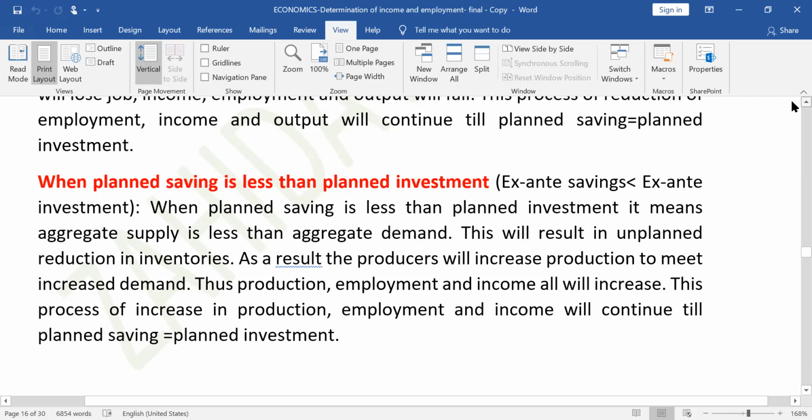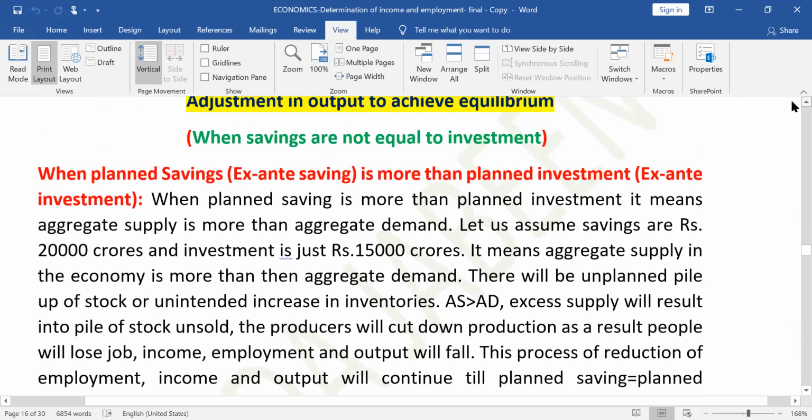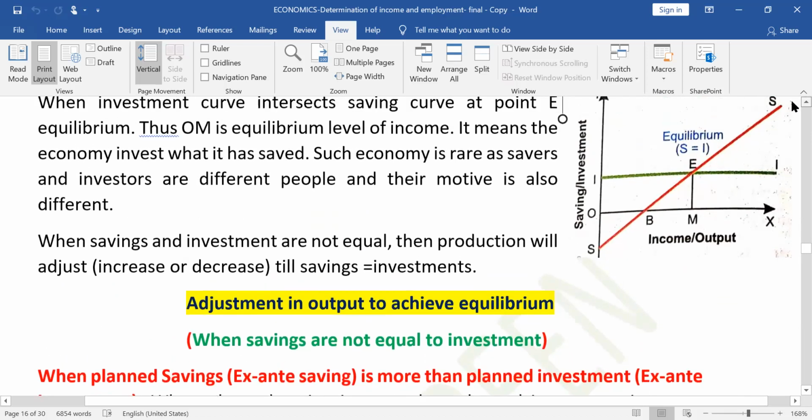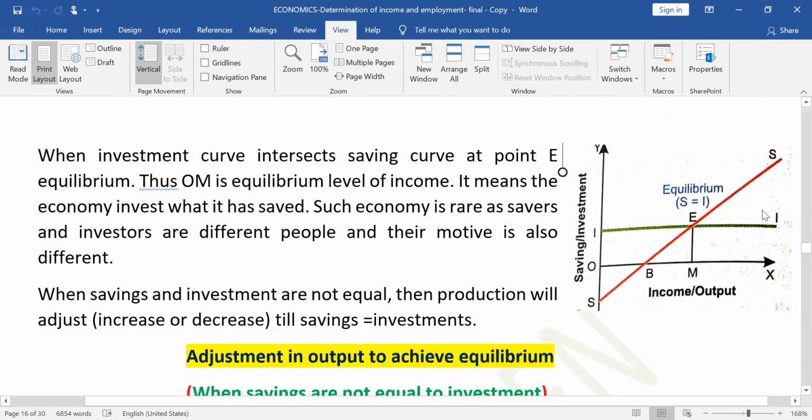Now we will see the other condition. What happens when planned saving is more than planned investment? To the right of point E, planned saving is more and planned investment is less, which indicates that aggregate supply is more and aggregate demand is less.